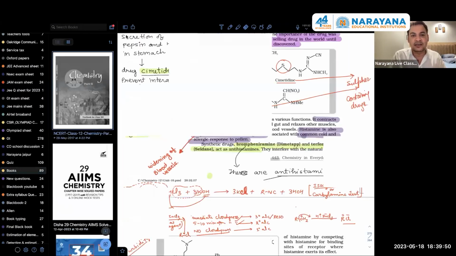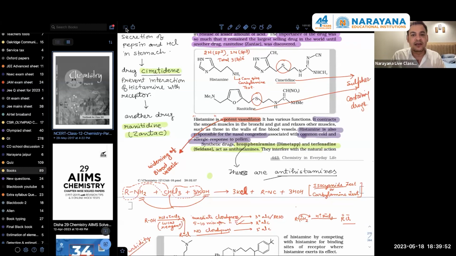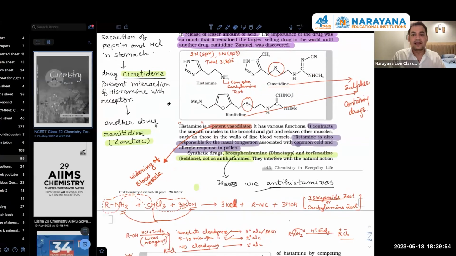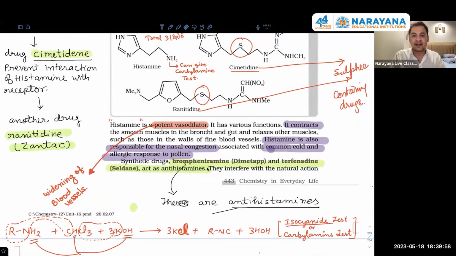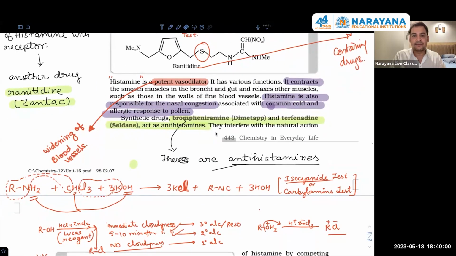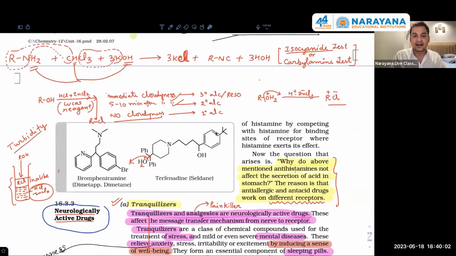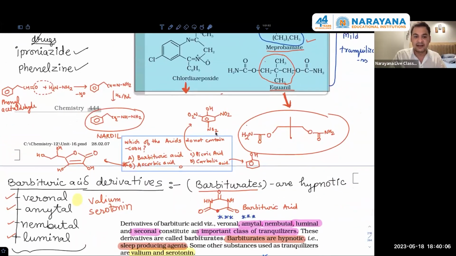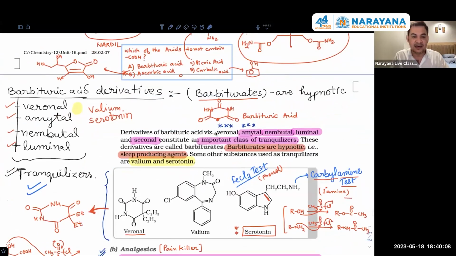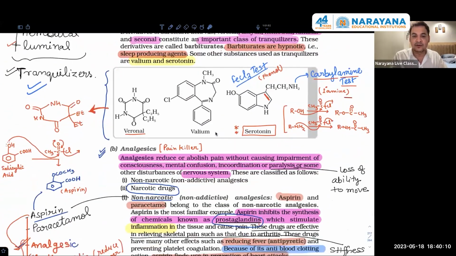This is my chemistry in everyday life marked copy. In this marked copy, you can see I have done a post-mortem of this chapter. If you are good at your study, you can easily understand this book.